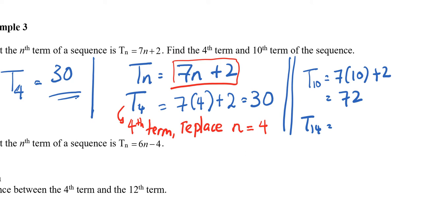Don't tell me the answer. I want what to write. Thank you. 7 times what? 14 plus 2. Thank you. Then you work out a number. Who still don't understand? All understand. Good. Okay.